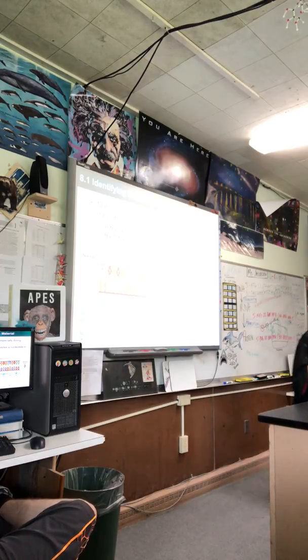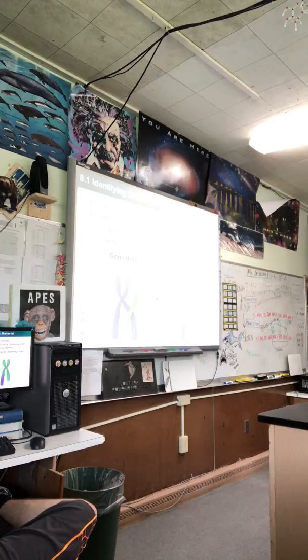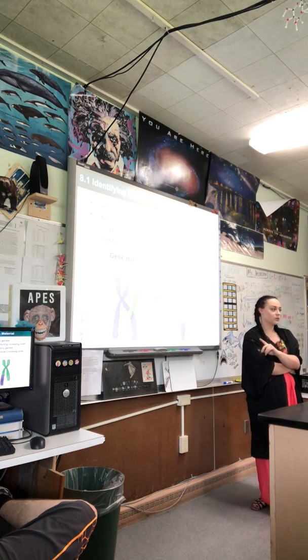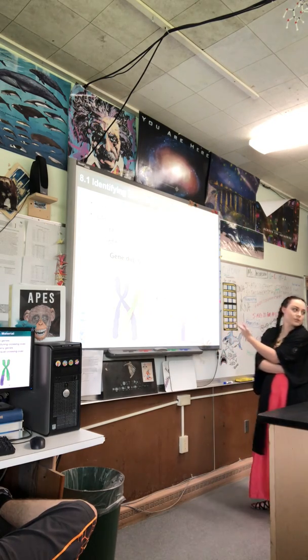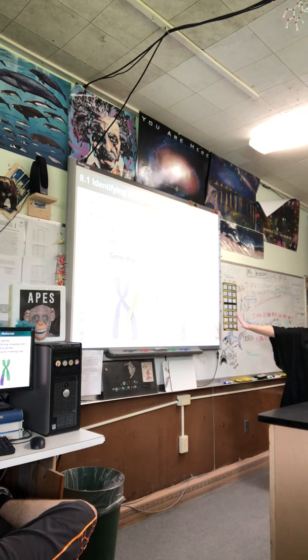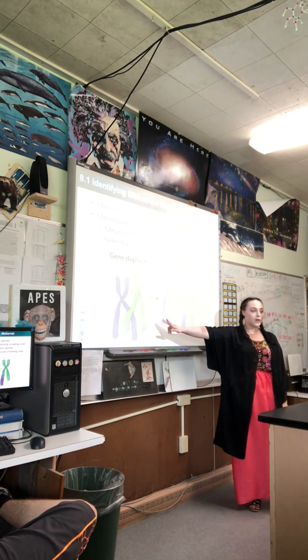Yeah? Okay, cool. All right, mutations like that are usually happening during DNA replication. But during meiosis, when we make our sperm and egg cells, chromosomal mutations can happen where chunks of chromosomes can accidentally get onto a different chromosome. This is displaying gene duplication, where these would be homologous chromosomes.